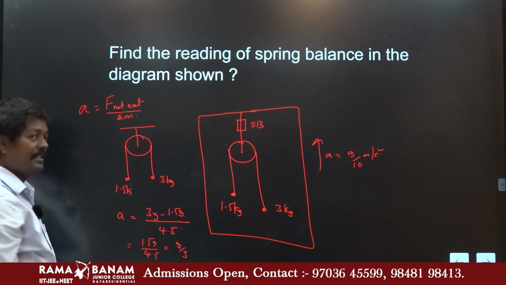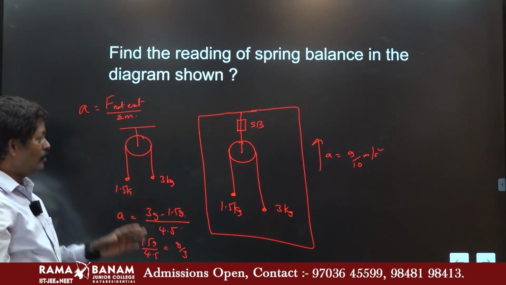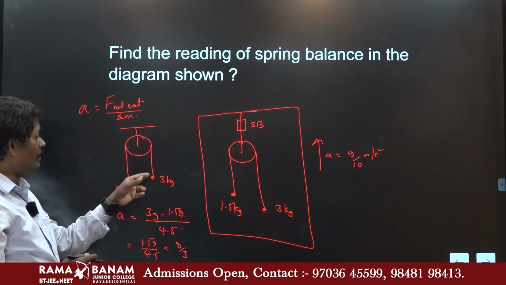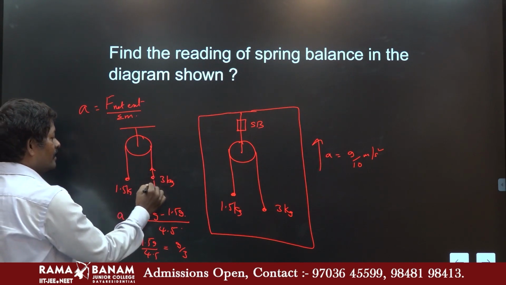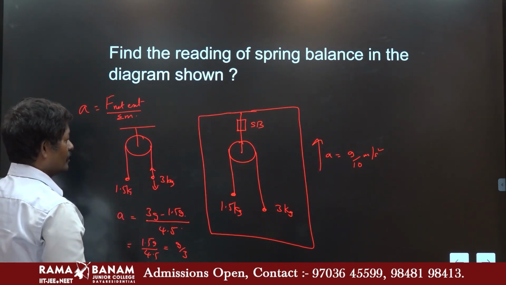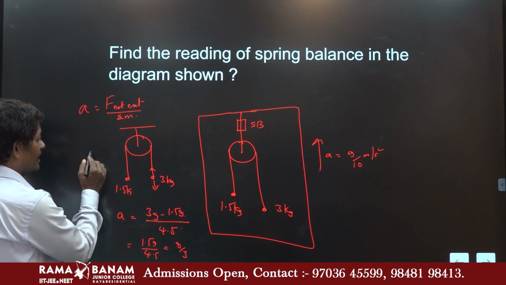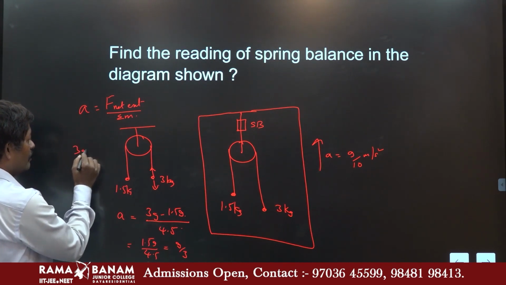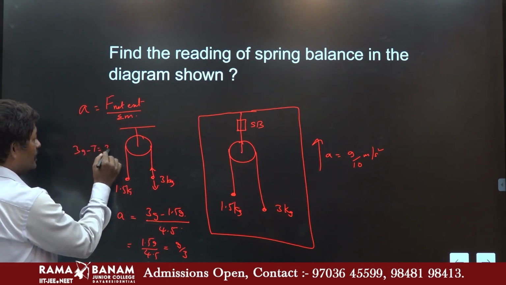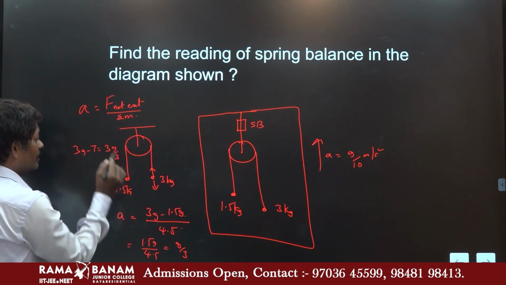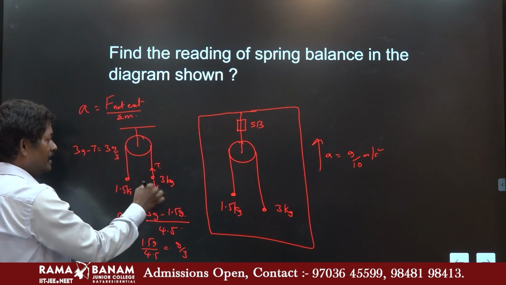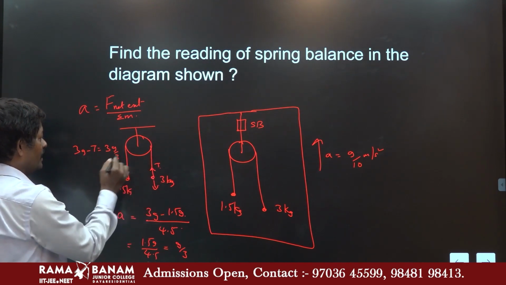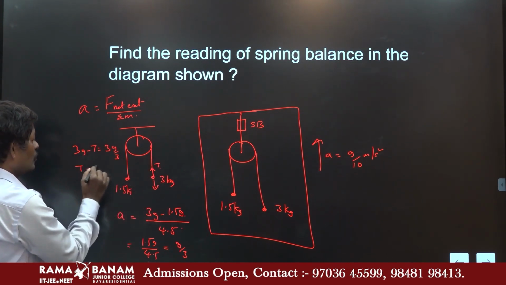So we got the acceleration g by 3. Once you get the acceleration, now I am going to find the tension. 3g minus T equal to 3a, that is 3 times g by 3. This is coming down, tension is upward, so T is 2g.